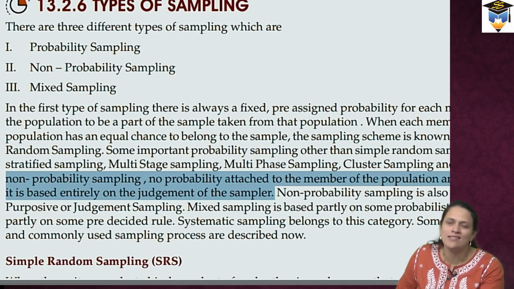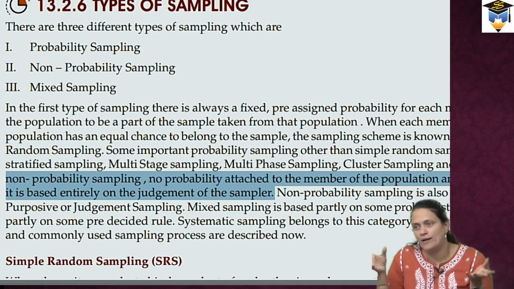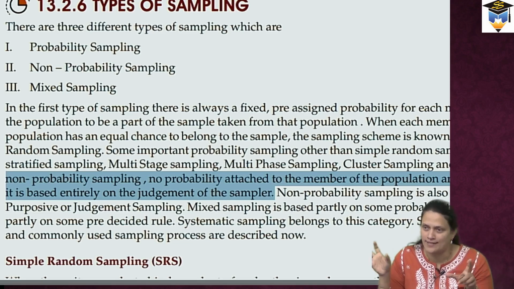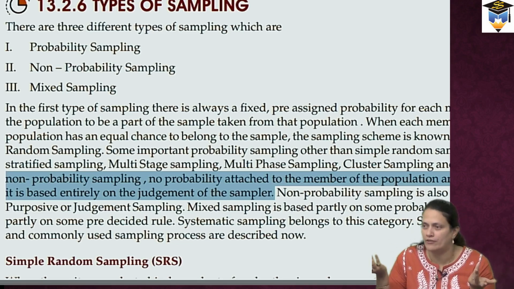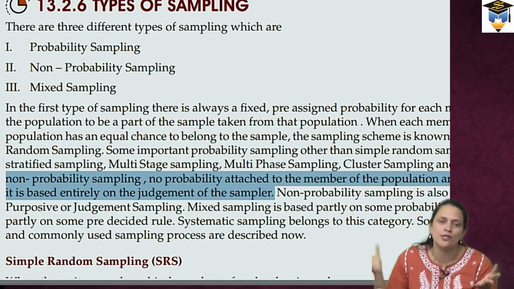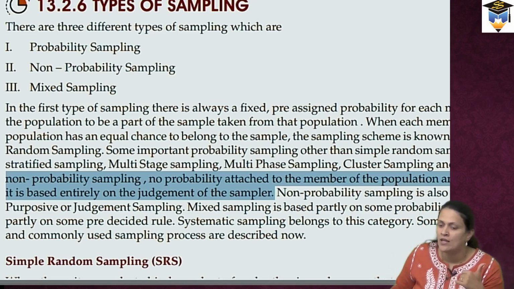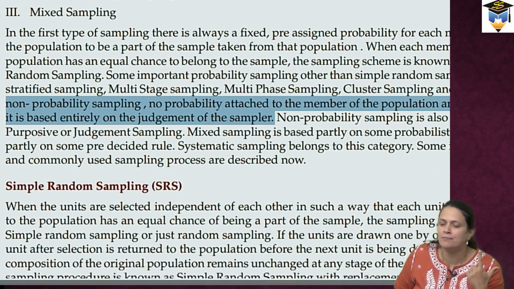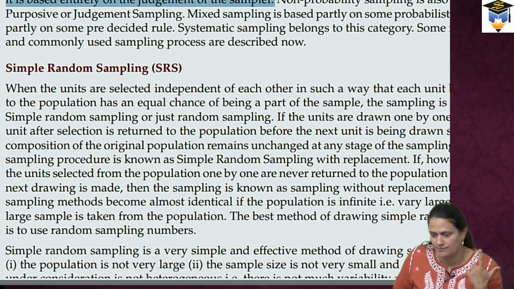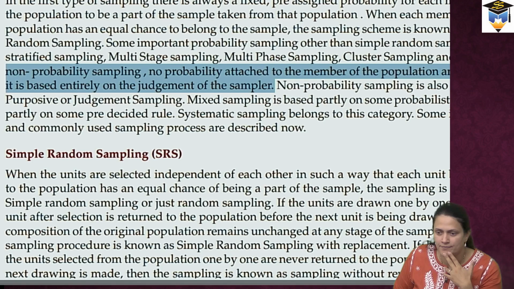So what will be mixed sampling? Mixed will be a combination of both. Sometimes probability will be assigned, sometimes no probability will be assigned. Okay, mixed sampling is a mixture of both. Now, the example of probability sampling is simple random sampling.